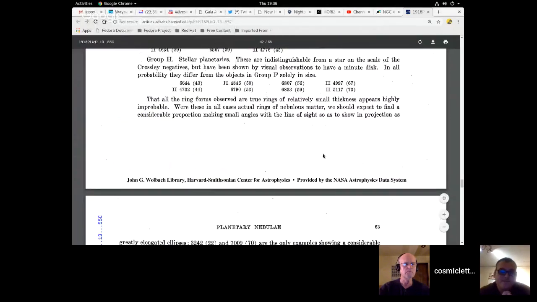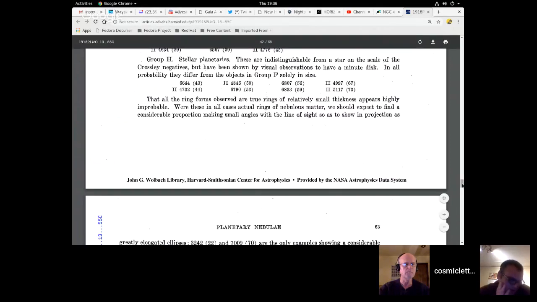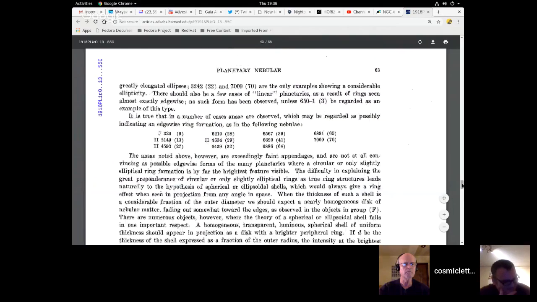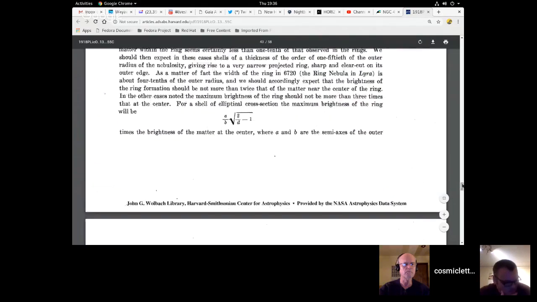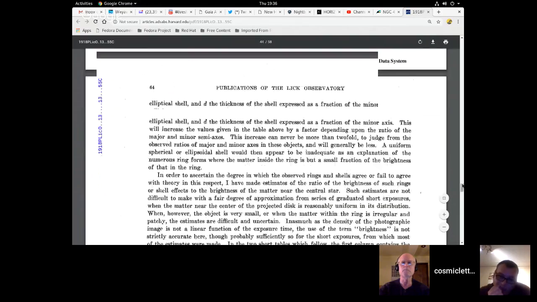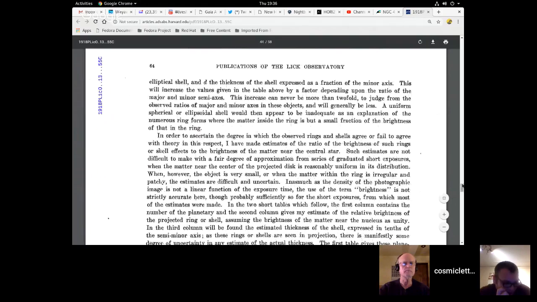We're looking at an old paper showing off some planetary nebulae. I'll bet you this is a really cool read. If you're into the history of astronomy and the history of science, this is where to go for sure.